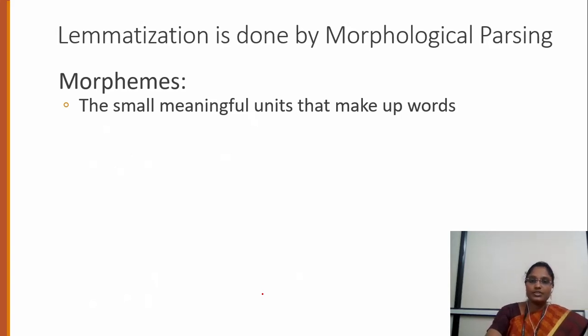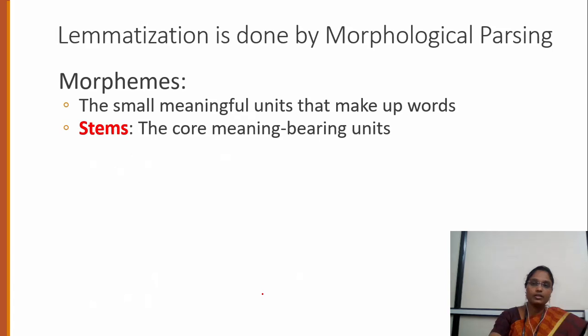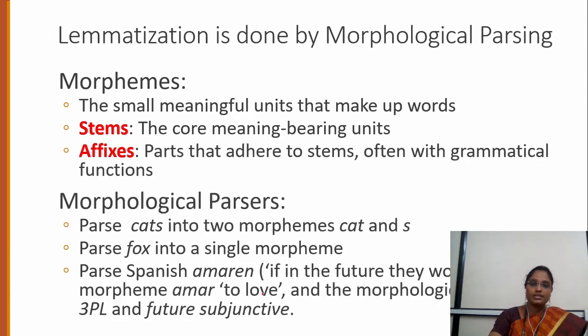How can lemmatization be done? It can be done by morphological parsing. In the previous slides we saw the smallest meaningful unit, which we call the morpheme. By adding up these meaningful units, we make up the words.